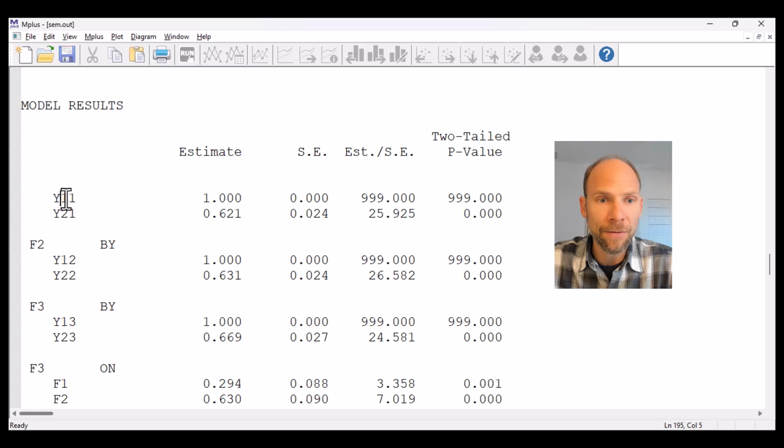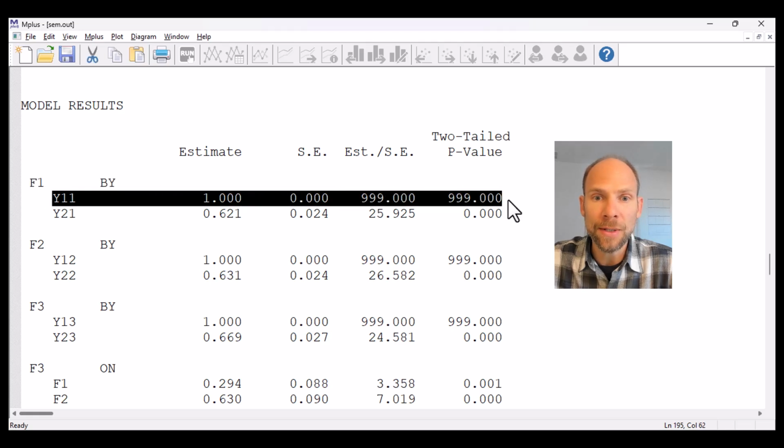So you can see that for the first indicator there's actually no such test, because that first factor loading is fixed to 1 for identification, to set the scale of the latent factor. Latent factors in structural equation modeling have an arbitrary metric that is not per se uniquely defined.